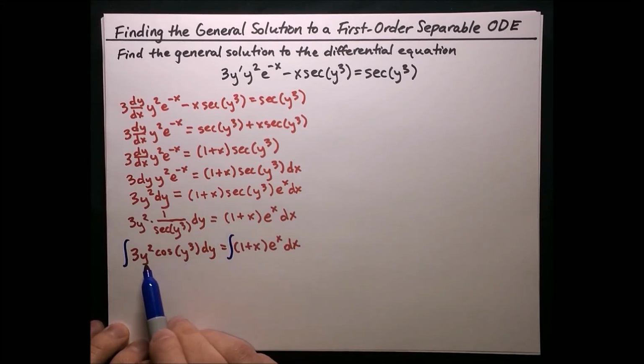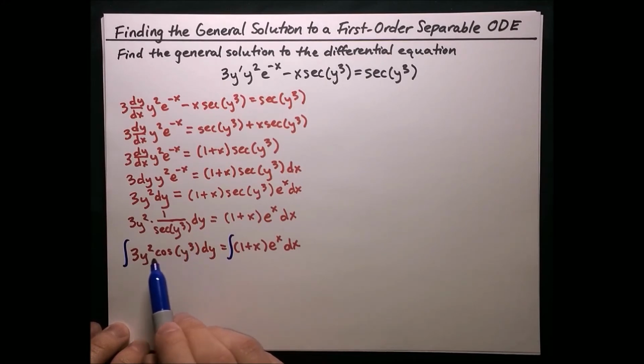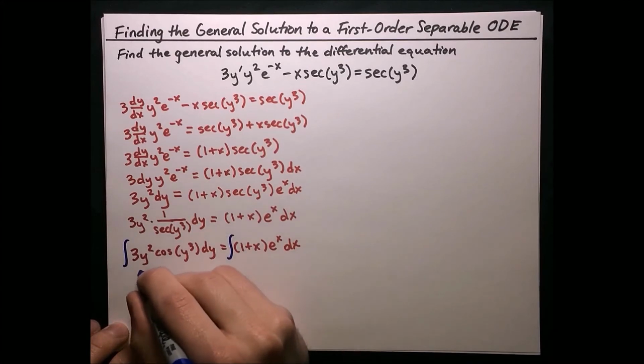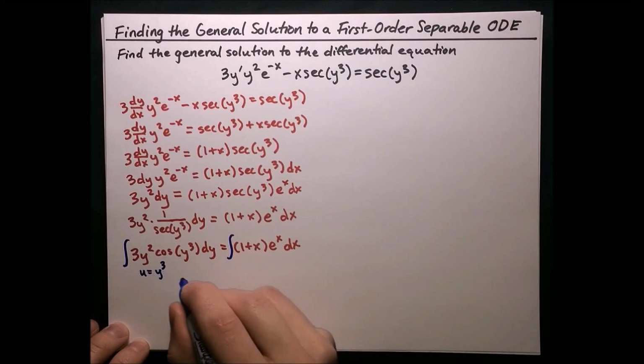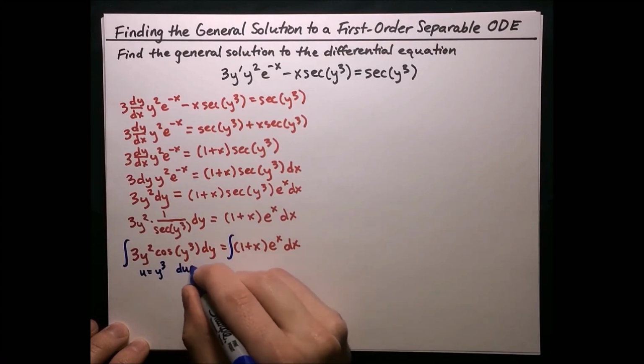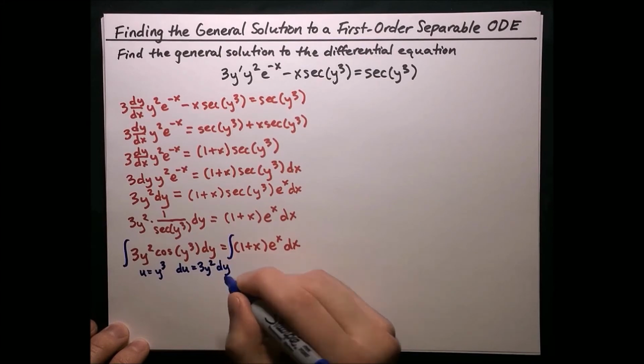So on the left-hand side, our integral of y, this is going to be a U-Substitution integral because we see a y cubed here, and there's also its derivative, 3y squared over here. So let's let u equal y cubed, and then we get du equals 3y squared dy.